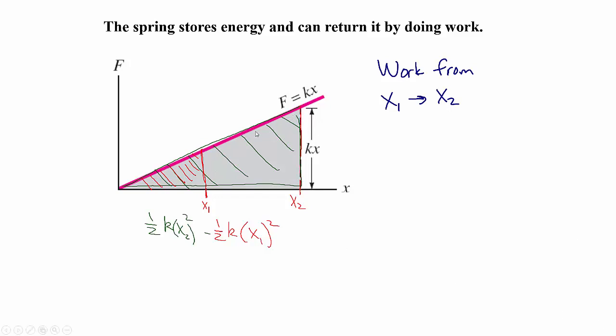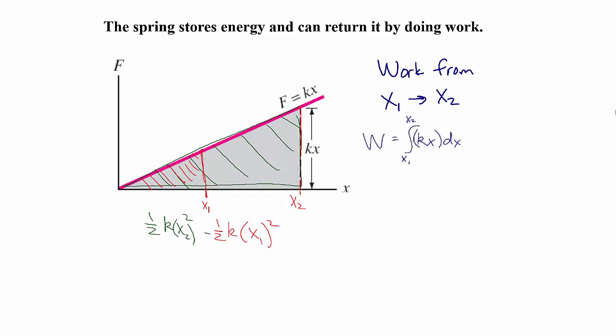So we had the whole triangle from 0 to x2, and we subtracted off the triangle from 0 to x1, and that left us with the trapezoidal region, which is that area from x1 to x2. So the work done going from x1 to x2 was 1/2 k x2 squared minus 1/2 k x1 squared.